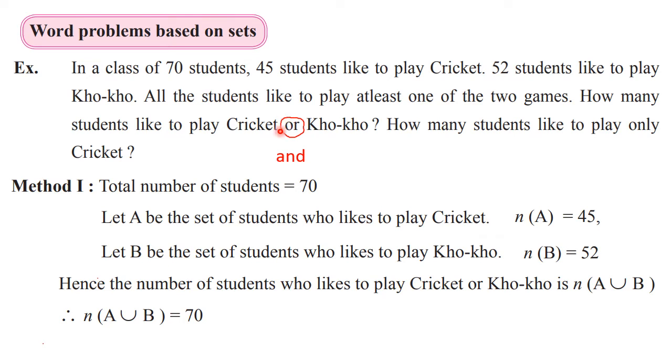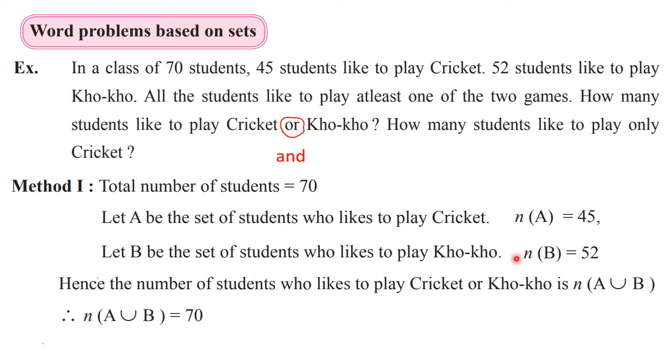OR is not possible here, since OR is already given to us: the number of students who play cricket or kho is already provided. That is why you need to do this rectification. If it is already done, ignore it. Those who have an old edition of the textbook can rectify the mistake so that you can understand it better. So now let us solve it.